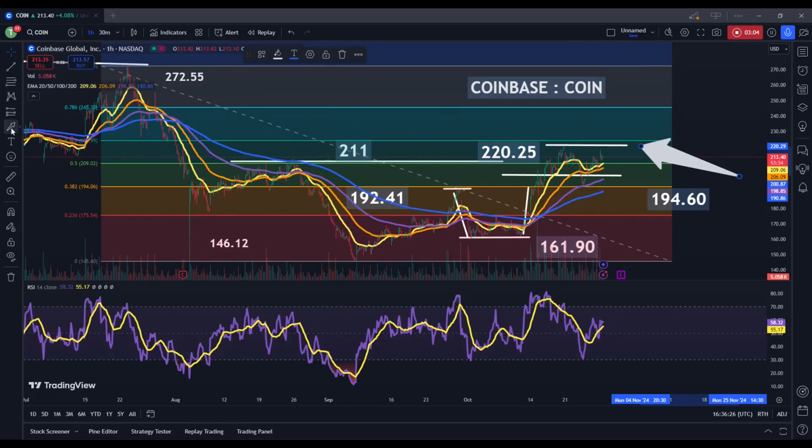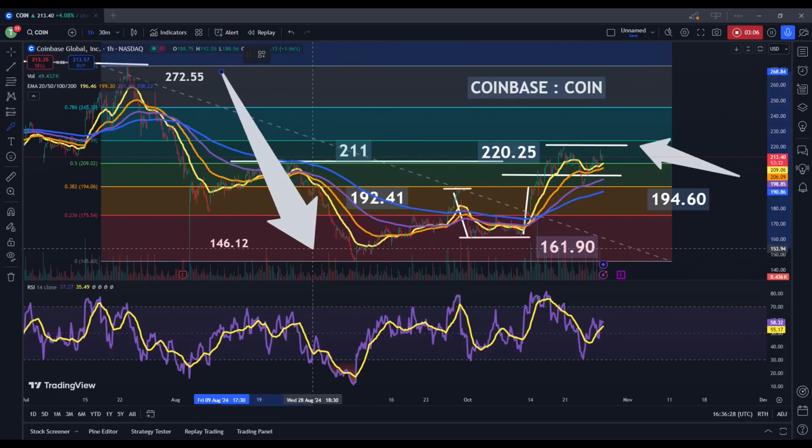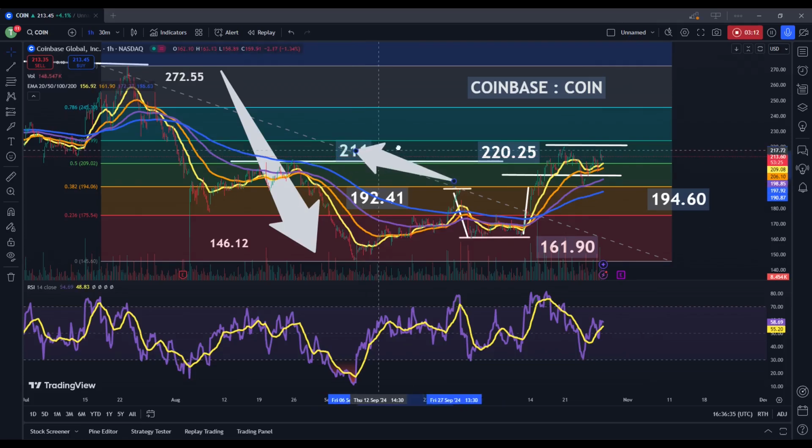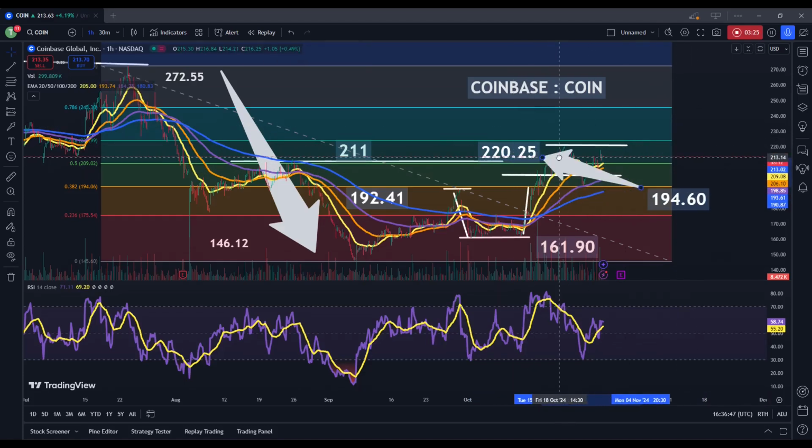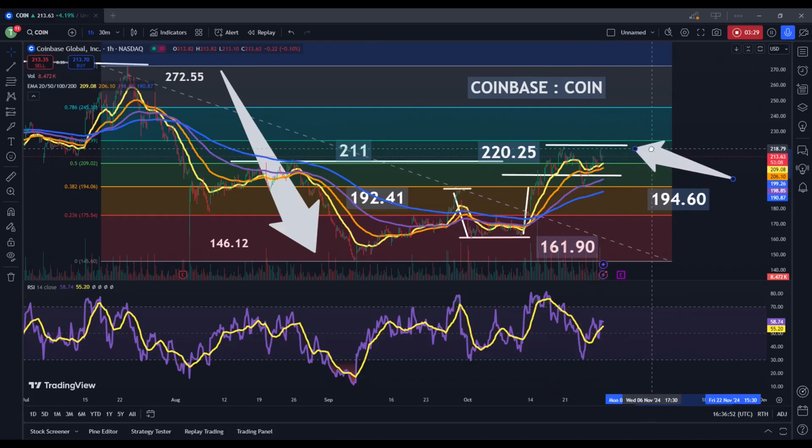If we're looking at the declining move here from 272.55, moving down to 146.12, we can see that this 61.8% Fibonacci level comes in just below 225. We're looking at roughly 223.65 or so. So it's not exactly this prior historical resistance region, but it is fairly close here. We're within about $3 of each other.